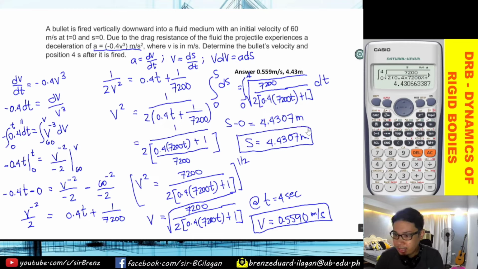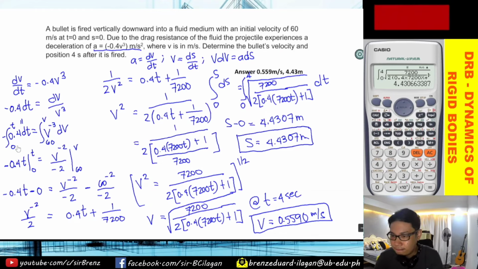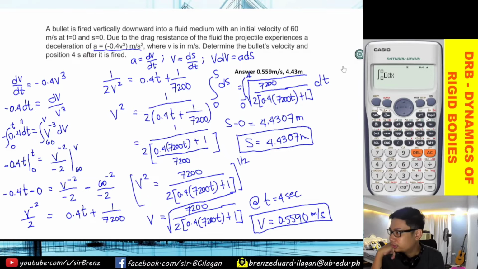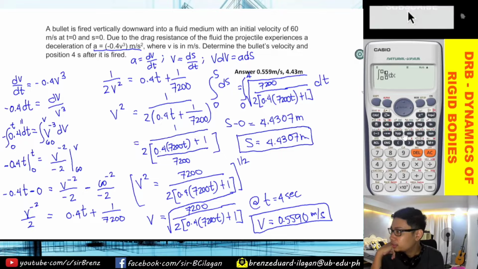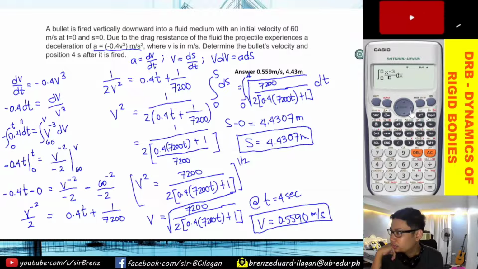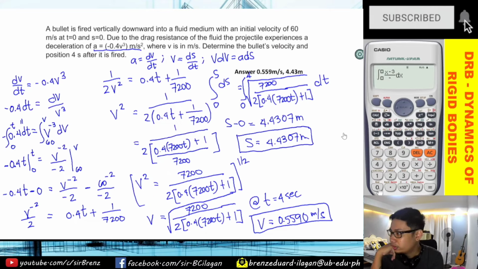Alright. So, check natin if pwede yung ganito using this. Sige. I-try natin. So, integral of... Tingnan ko lang kung tama yung naisip ko. So, gawin natin tong x, alpha x raised to negative 3. So, ito ay magiging over negative 0.4.